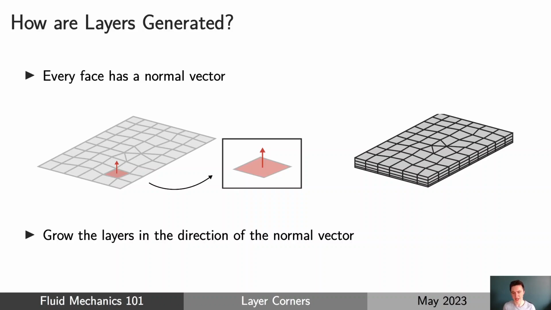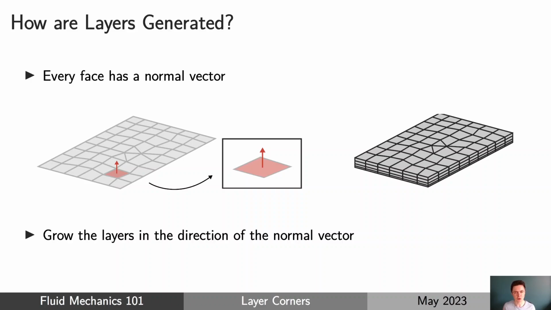What we could do is use the direction pointing away from the surface, and then use that vector to move the face a certain distance, and we could repeat that for all of the faces in the surface mesh, step by step, and that would allow us to grow a set of layers normal to the wall in a series of steps that increase in size. That's the obvious method that we might choose to use to generate layers.